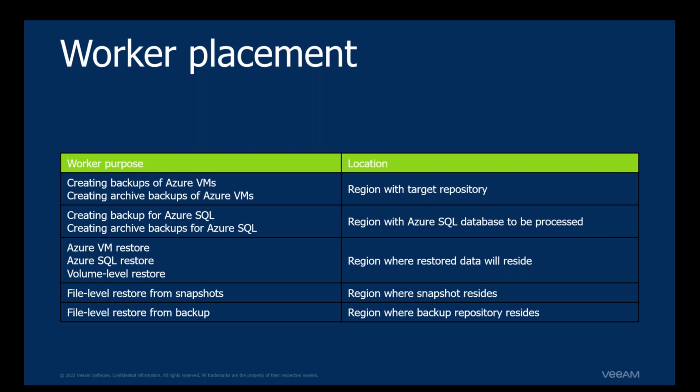So here's a table with some items summarized, but it comes down to having the workers in the same region as the Veeam Backup for Azure solution. So whether it's for creating backups of Azure VMs or file level restores from snapshots, that's an essential element of the design.